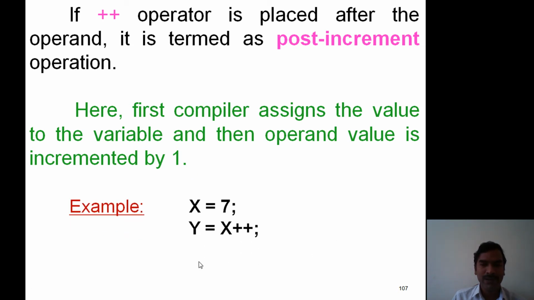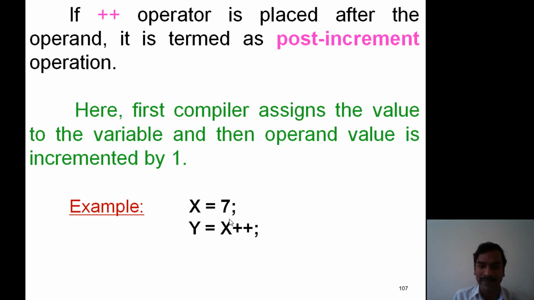Consider this example. Now x equivalent to 7 and the expression is y equivalent to x plus plus. Now initially x holds the value 7. Now the expression is y equivalent to x plus plus. Observe this format. Here plus plus operator is placed after the operand x.